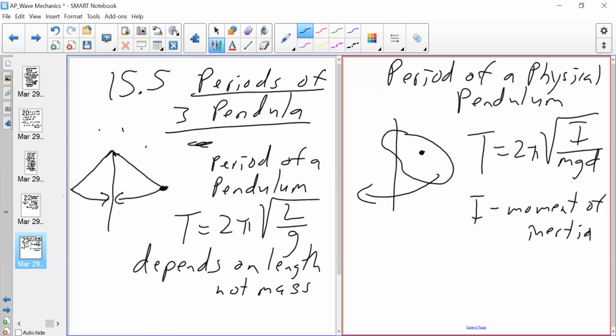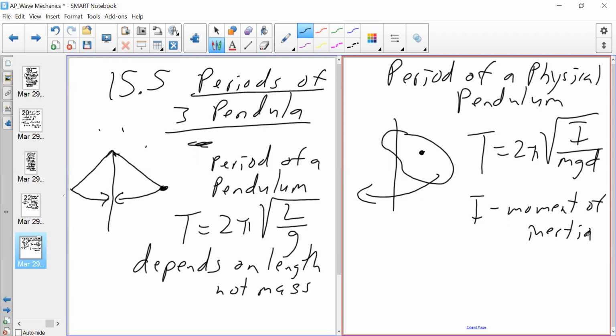And that depends on the moment of inertia, the mass of the physical pendulum, the gravity constant, and the distance of the center of mass from the pivot. Pretty much it. But in a problem, we'll be given that.